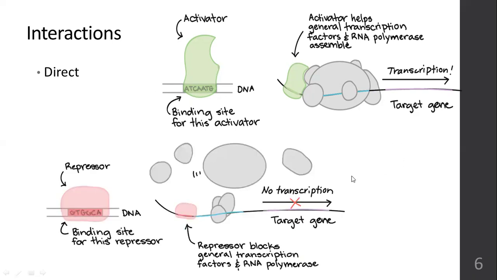Next, you have the repressor. What does a repressor do? Let's say, for example, the repressor is your antioxidant. Antioxidants are repressors, and they also have a binding site.